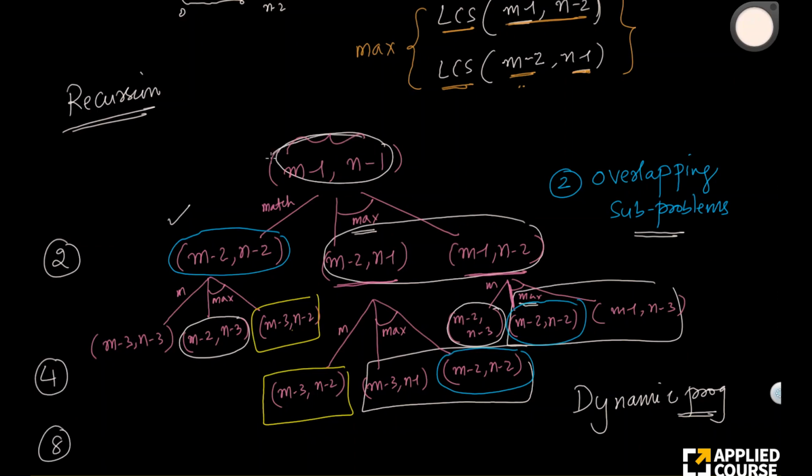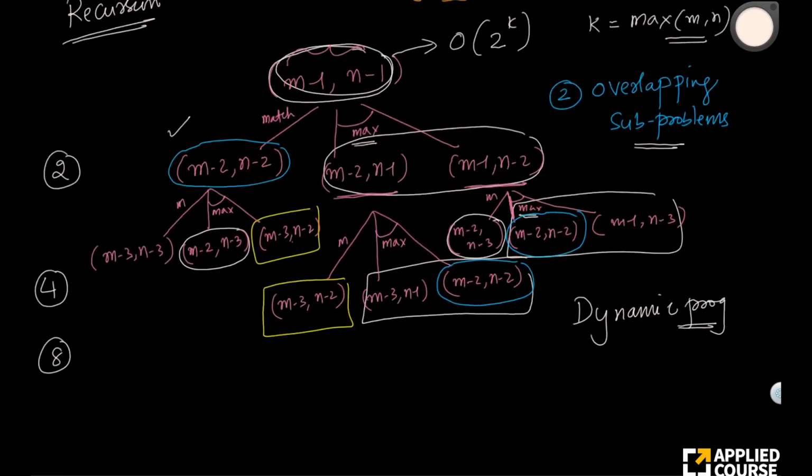You can show that the time complexity for this is order of 2 power k, where k would be max of m comma n. Very simple to understand, right? The longest depth that you'll see, if every time, look at this, a problem is broken down into 2 problems, and this again gets broken down into 2 problems, and this again.